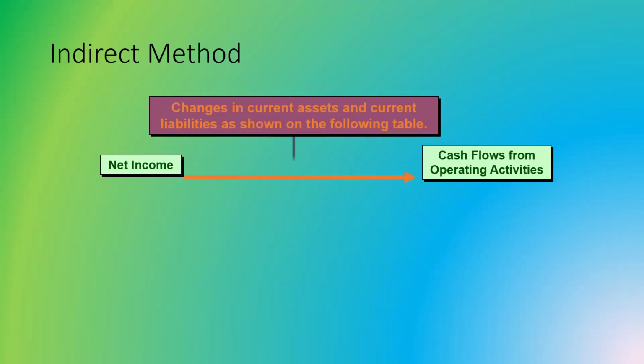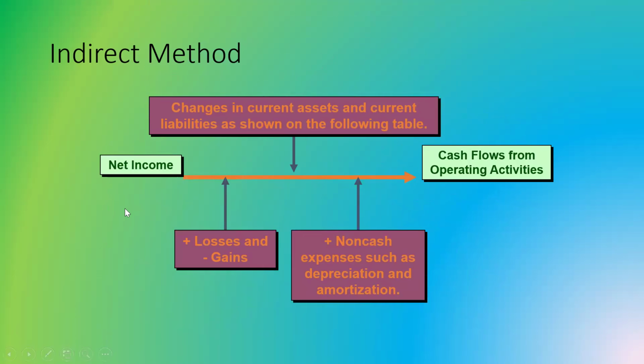So here you can see that we have net income. This method starts with net income, then we adjust any non-cash expenses, and then adjust any non-operating losses or gains, and then we adjust working capital. Working capital means current assets and current liabilities in it.